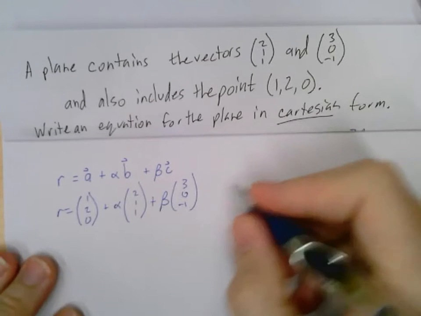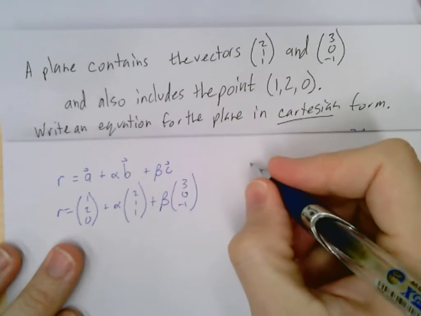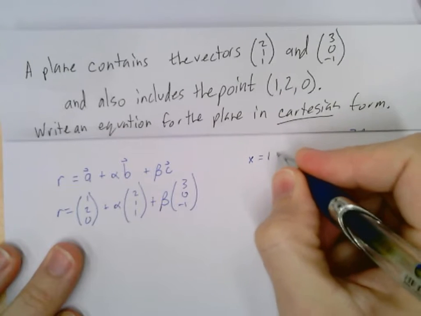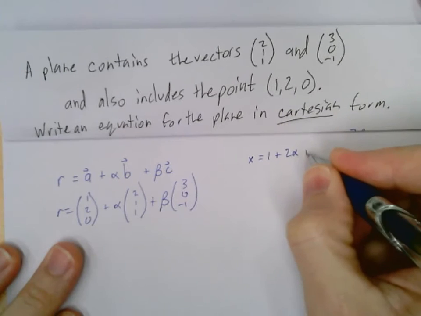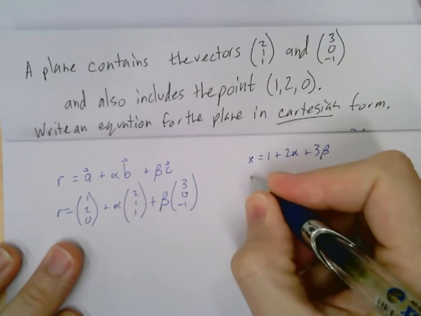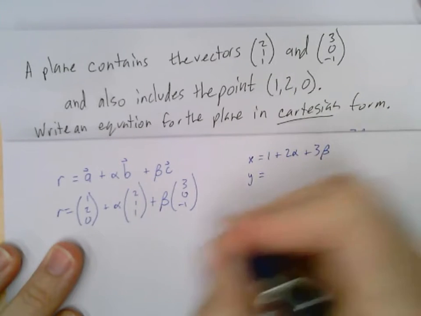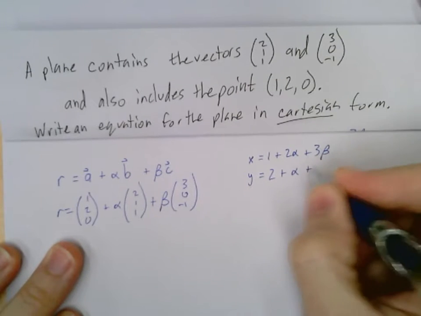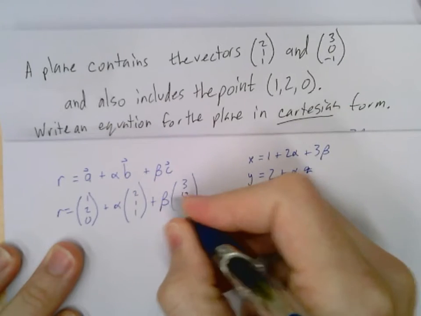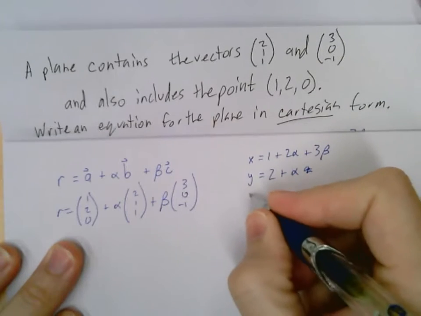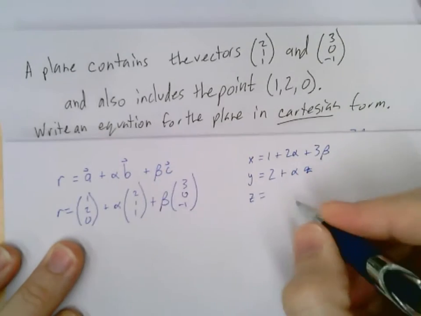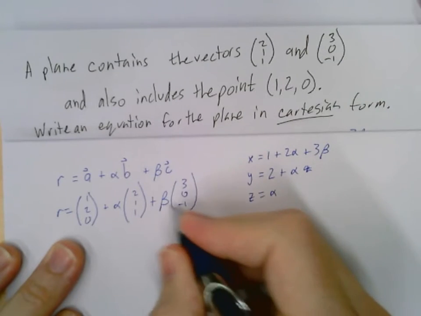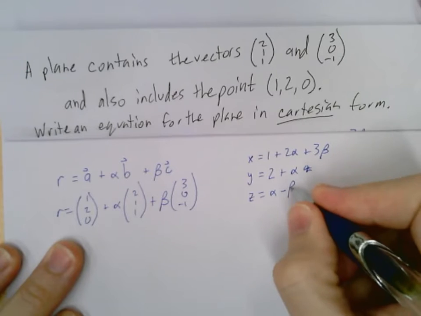So I'm going to write my parametric equations: x equals 1 plus 2 alpha plus 3 beta. y equals 2 plus alpha, and I don't need the beta because it's beta times 0, right? So that's the middle line. And then I've got z equals 0 plus alpha plus negative 1 beta, so minus beta.